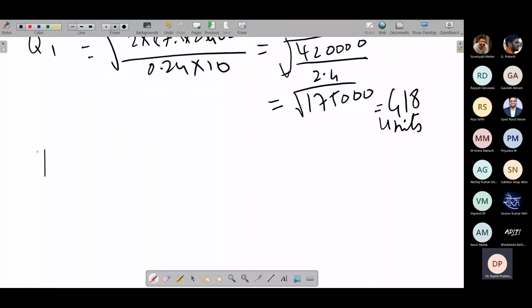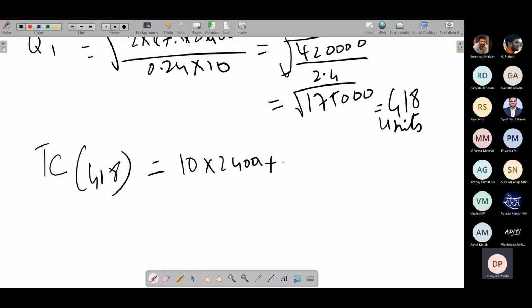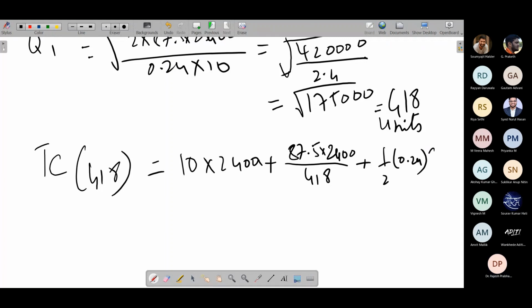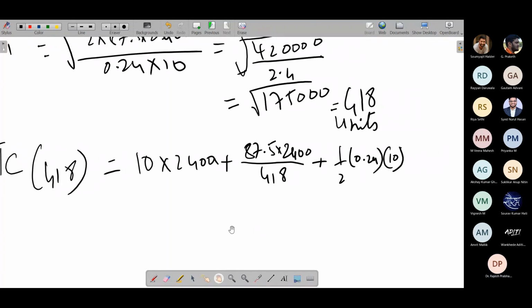For 418 units it would be 10 into 2,400 plus 87.5 into 2,400 divided by 418, plus 1 by 2 into 0.24 into 10 into 418.